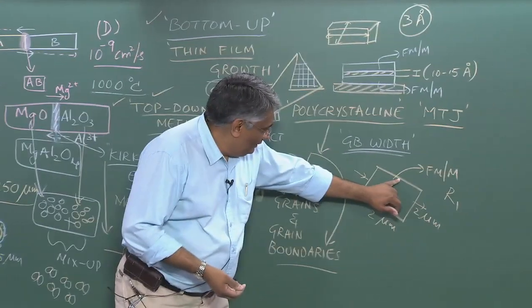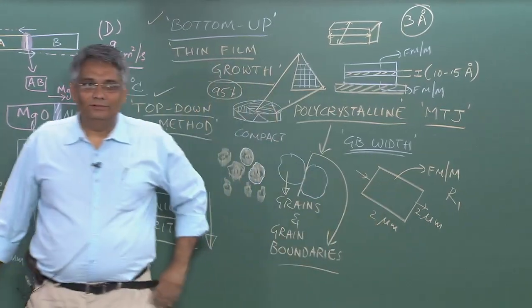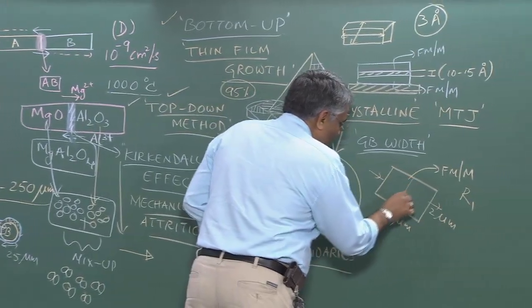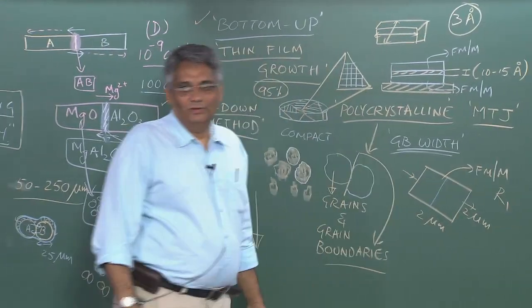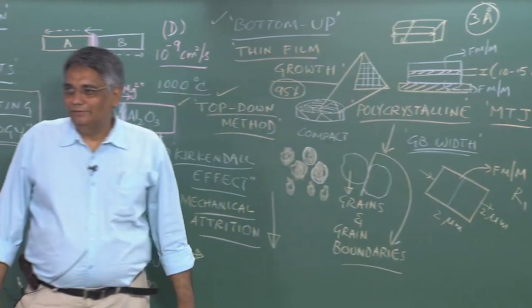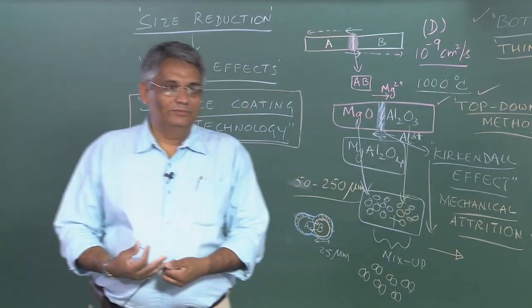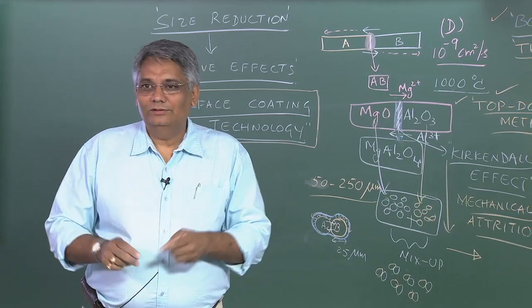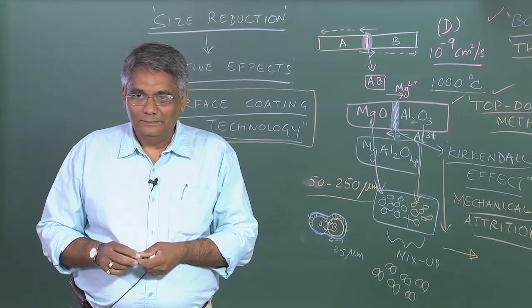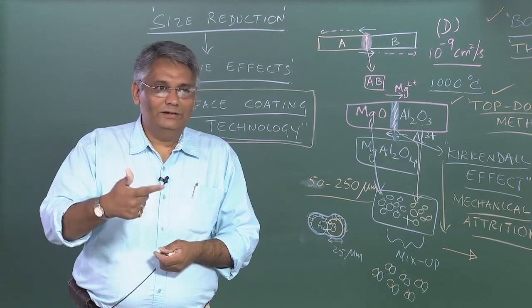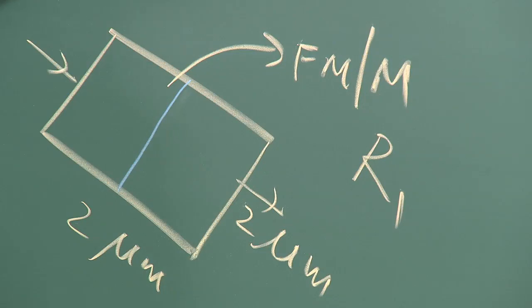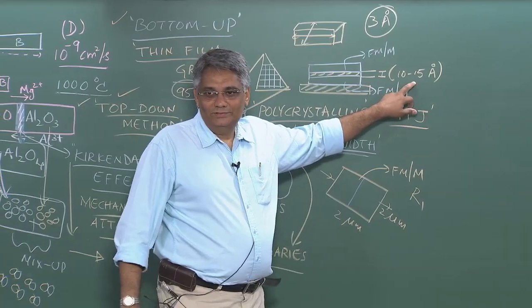But if I create a grain boundary, what happens to the flow of current from one end to the other? A grain boundary is nothing but a defect region. Okay? So, depending on the thickness of this grain boundary, if the current has to tunnel through, the grain boundary width has to be of this dimension.